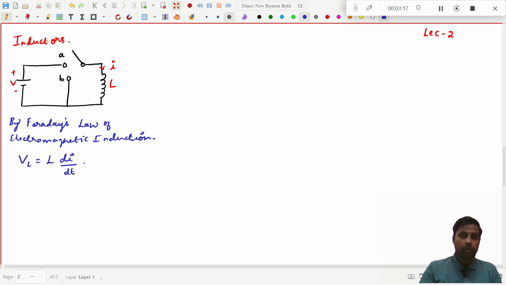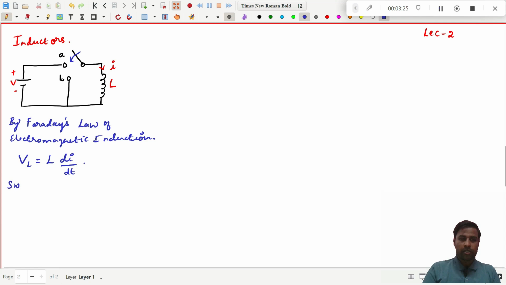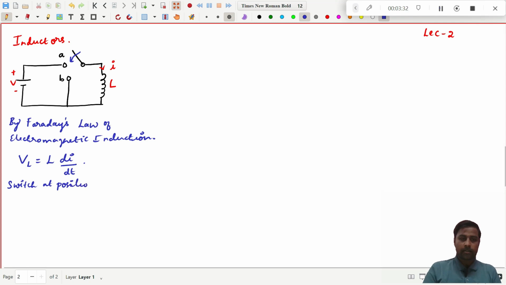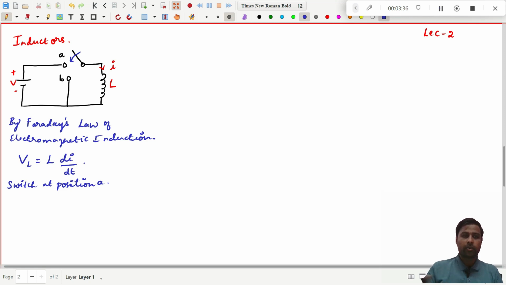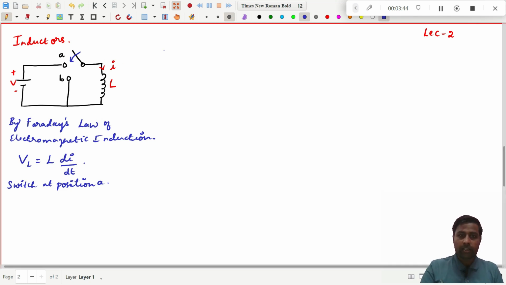Now, we will connect this switch to position A. With the switch at position A, this inductor will be connected across the voltage source. And what is the voltage across this inductor?